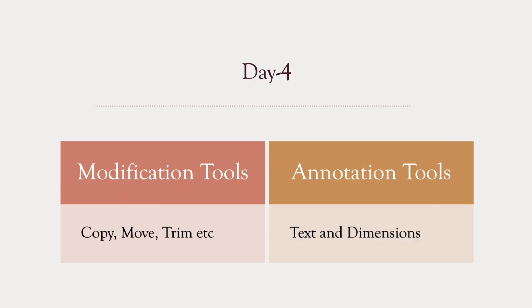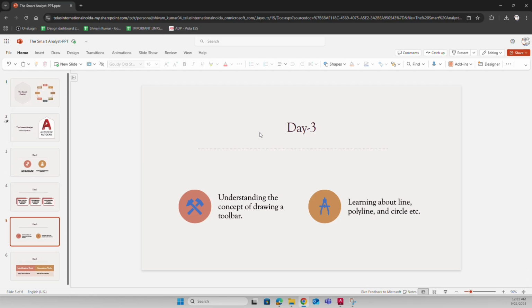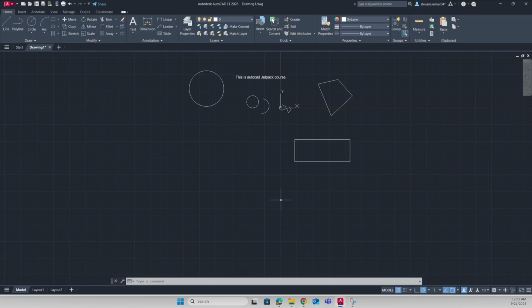My primary focus is the modification tools, because if you create any object in AutoCAD, most of the time you will definitely modify it. So let's get started. I'll continue from the same point so that it will be easy for you to understand.